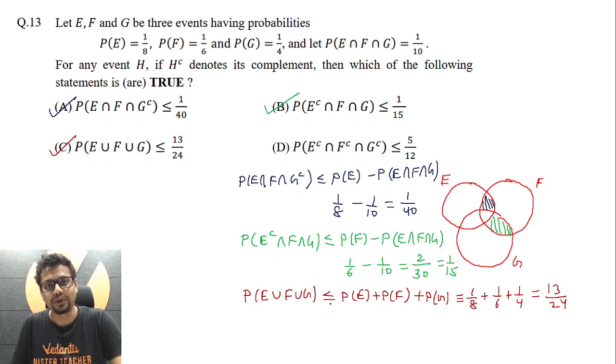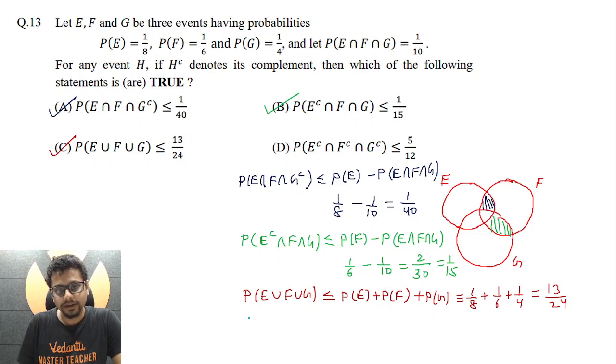Then the equality would hold. Otherwise, it will strictly be less. Now, clearly you can say probability of E intersection F intersection G is not 0. So they are not disjoint sets, or mutually exclusive events. So this will definitely be less than this expression. And if something is less, we may even say it to be less than or equal to.